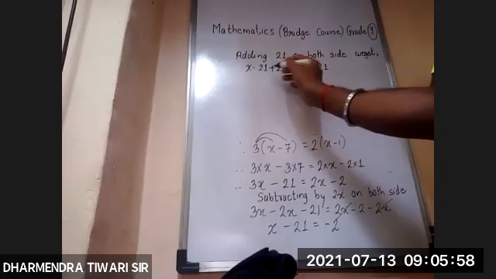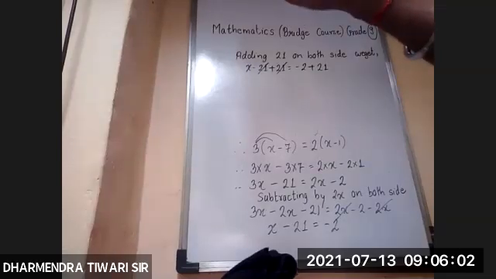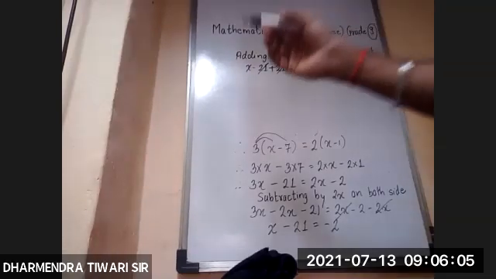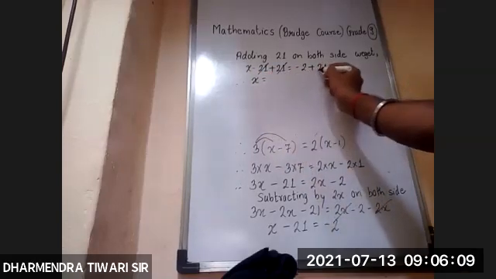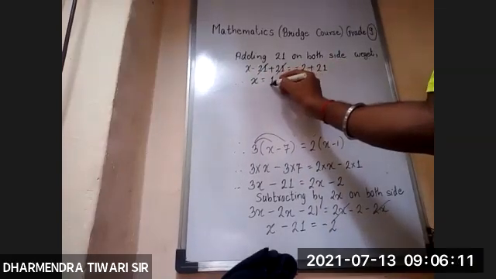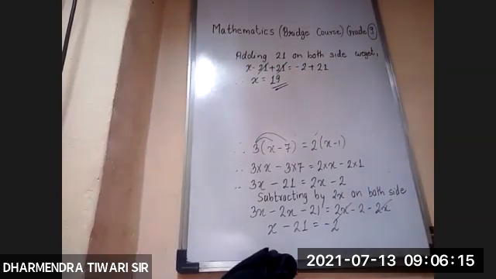Now this 21 gets cancelled, same number with opposite sign. So therefore, what remains? x is equal to 21 minus 2, which is 19. So x equal to 19 is the answer. If you substitute, you will get the same values. Now let's deal with another problem.